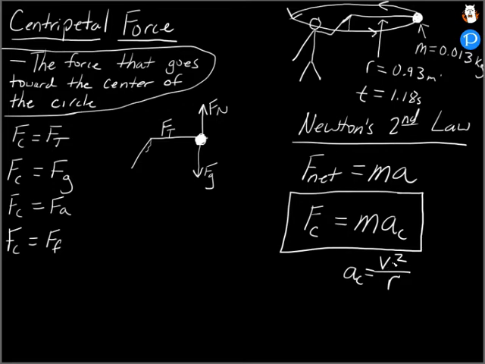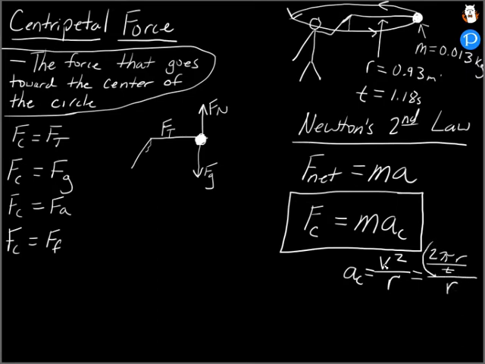So we have to take into account how we know the velocity of this, which is another thing we learned last week. I'm going to insert what we learned last week. We know that the velocity of this circular moving object is equal to 2 pi r over the time. So I'm going to substitute that in for v over r.